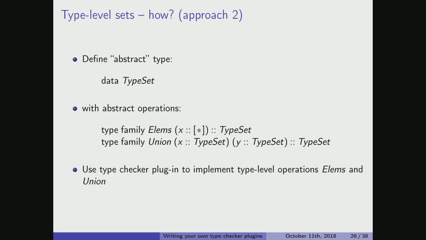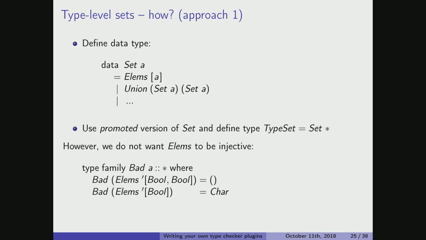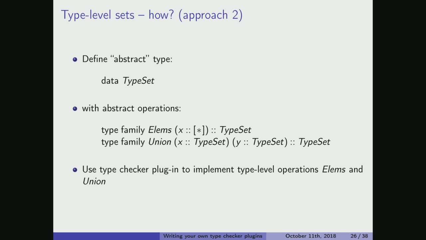So then for this type family that we had here, if we try to do this with LMs being a type family, then GHC will complain that this type family is not injective and it won't allow you to distinguish between things that you don't want to distinguish between. So in some Haskell module, you provide this abstract interface, and then your type checker plugin provides the implementation of LMs and union, and maybe a bit more as well.